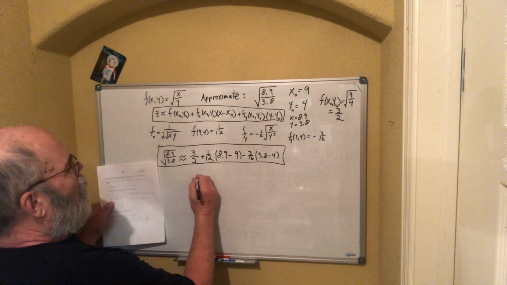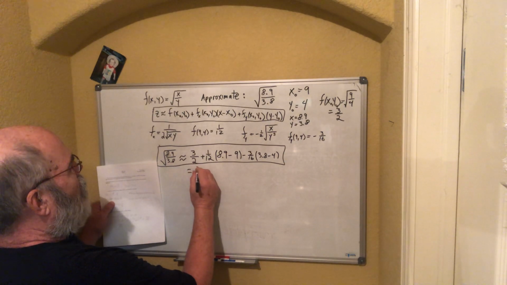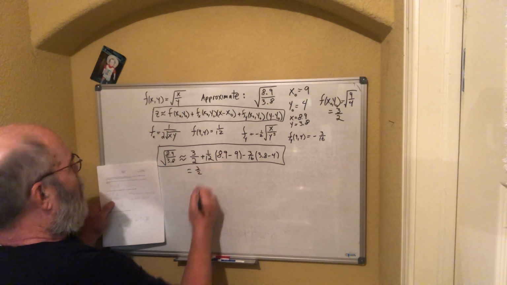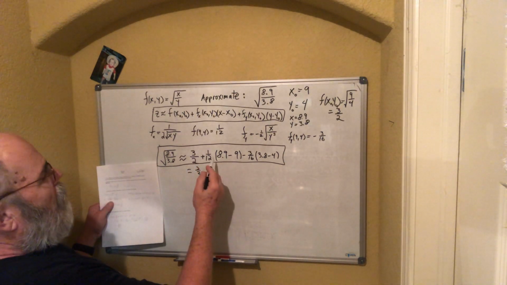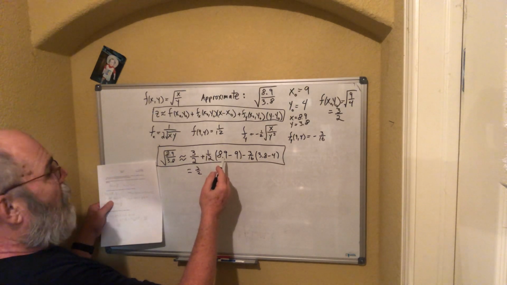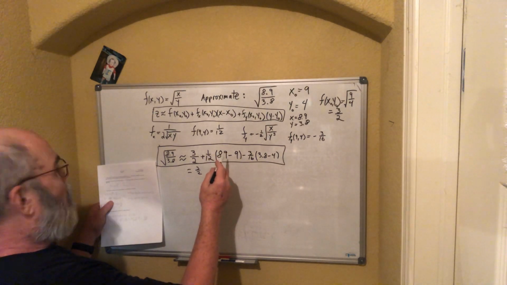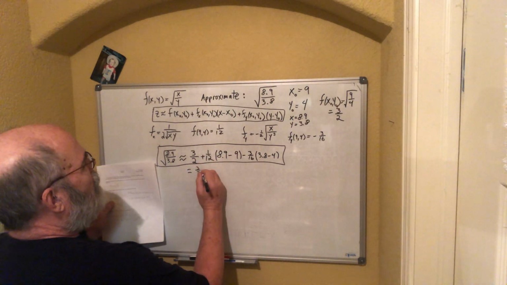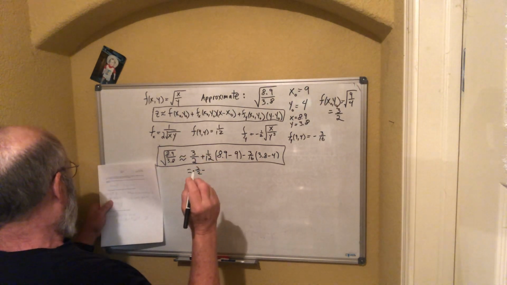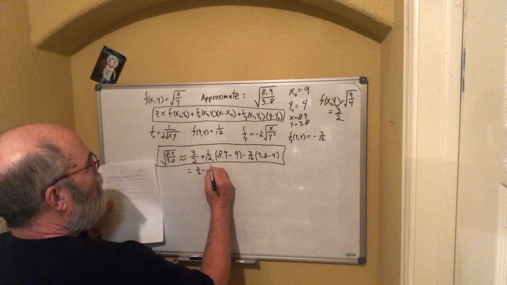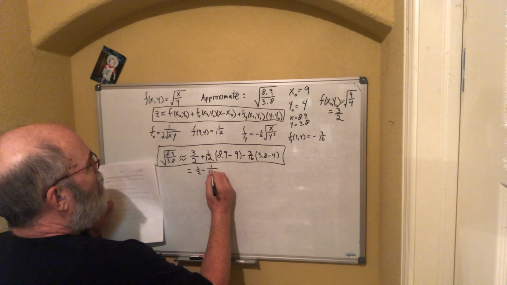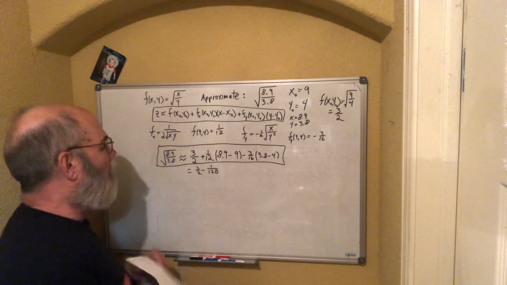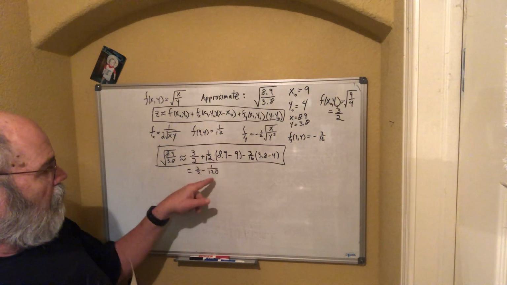So over here on the right hand side, we have 3/2. Now 8.9 minus 9 gives us a negative 1/10. So all in all, this next term is going to give us minus 1 over 120.